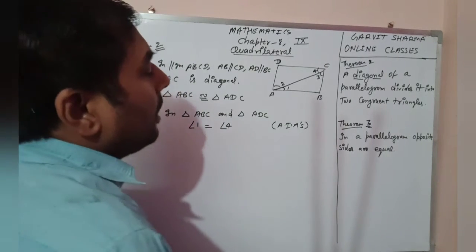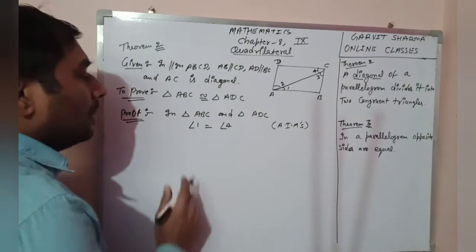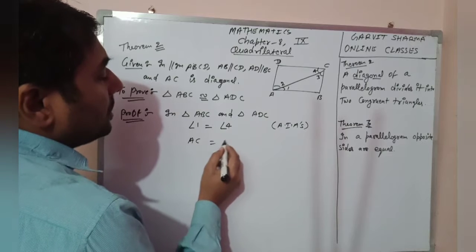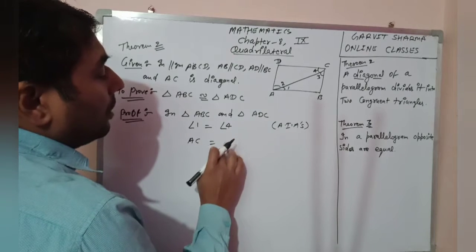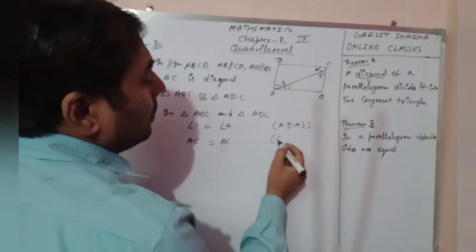We use here the abbreviation of alternate interior angles, AIA. And take side AC is equal to AC, which is common.